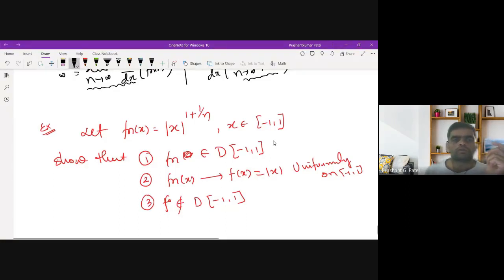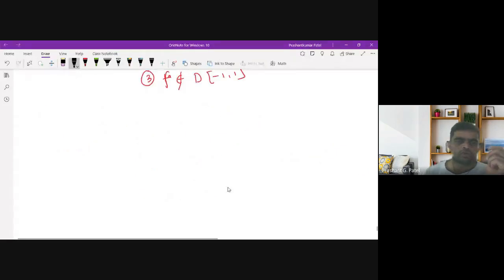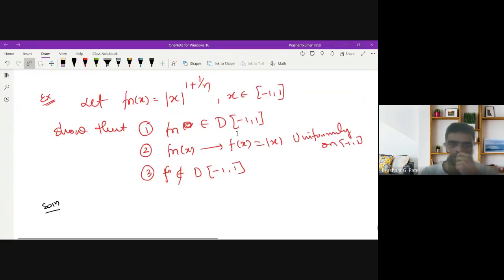Okay, so let us try to discuss the proof or solution for this example. We have to prove here that each fn which we have defined is a differentiable function.